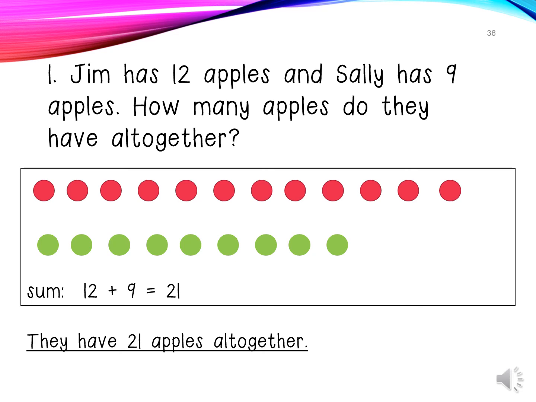So we have 21 apples. So our sum will be 12 plus 9 is equal to 21. Thereafter, we will write they have 21 apples altogether.